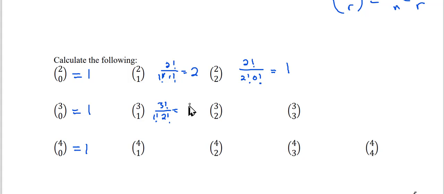That is 3, because everything simplifies away except the 3. 3 factorial over 2 factorial times 3 minus 2 factorial is 1 factorial. That leaves me 3.